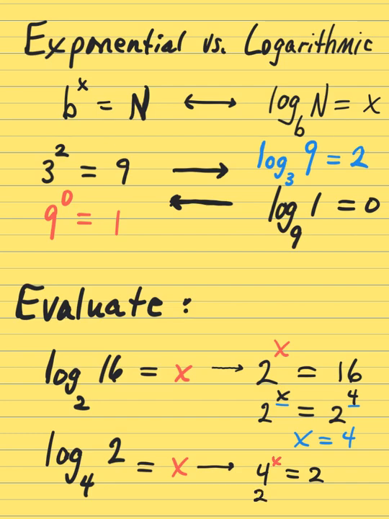Well, 4 is 2 squared. 2 is 2 to the 1st. And so that tells us that 2x has to be equal to 1. Set the powers equal from the one-to-one property. 2x equals 1. And that tells us that x has to be a half. A power of 1/2 is the same as a square root. So the square root of 4 is equal to 2.